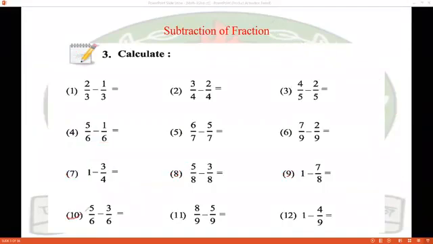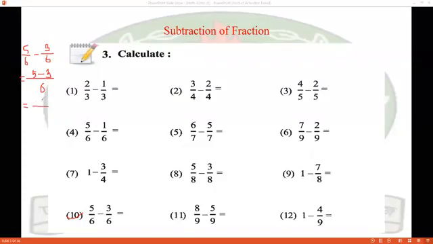Number 10, this is 5 by 6 minus 3 by 6. So there is a common denominator 6. So we write 5 minus 3.